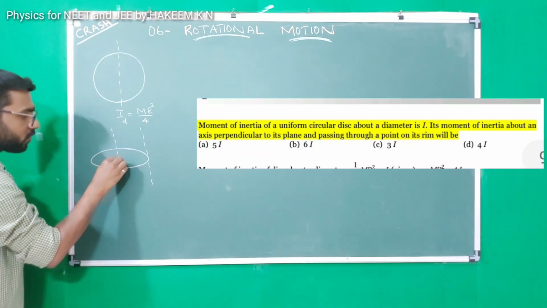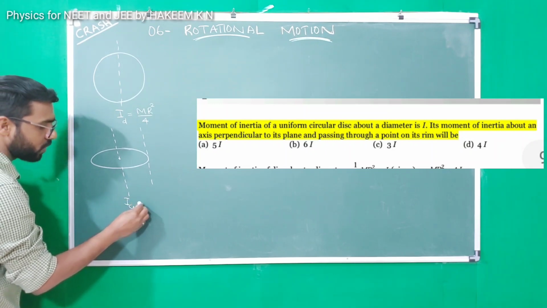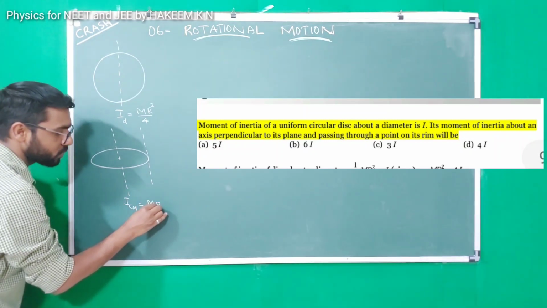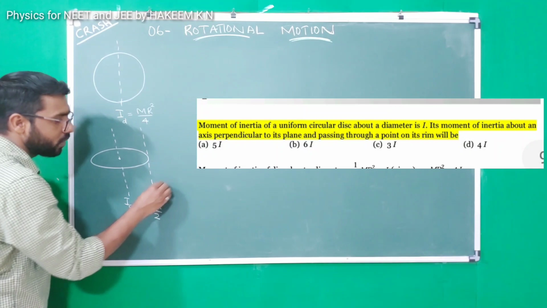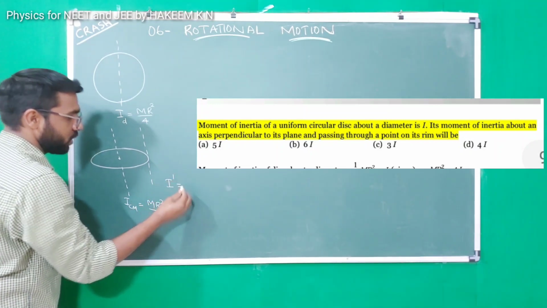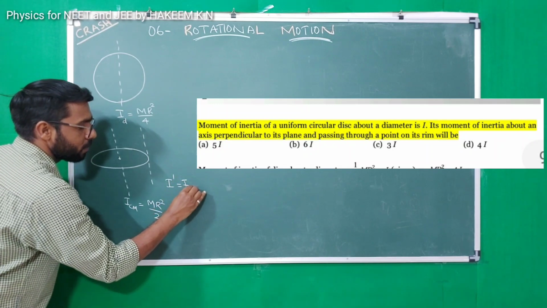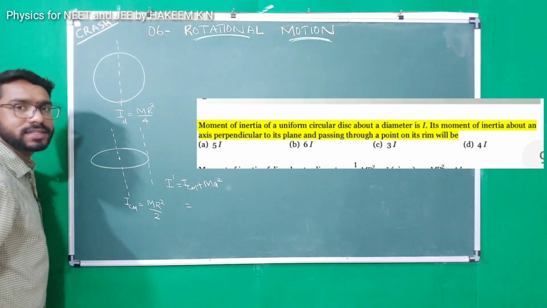The moment of inertia for this axis we already studied: for a disc, I_CM perpendicular to the plane is MR²/2. So, I' equals what? I_CM plus MA² according to the parallel axis theorem.